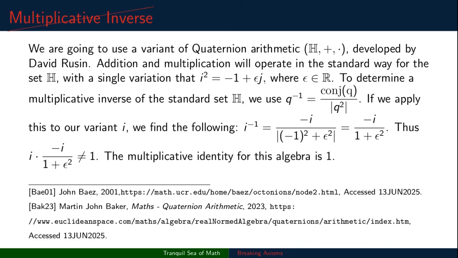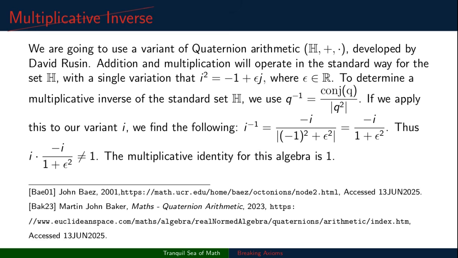Due to us defining i squared as -1 plus epsilon j instead of just -1, that breaks the system from being able to effectively have all multiplicative inverses for the numbers. If we try to find a multiplicative inverse in the normal way for a quaternion, we have this formula where we take the conjugate of the number and divide it by its magnitude.